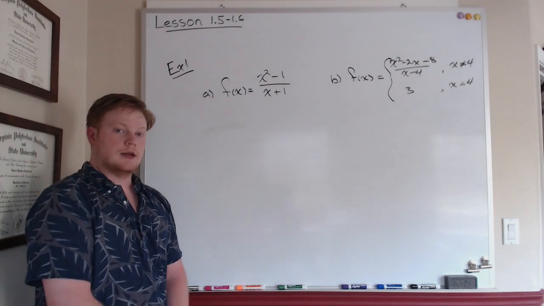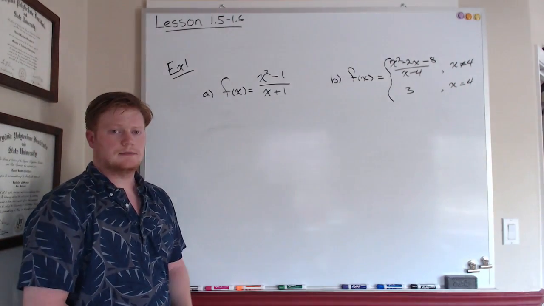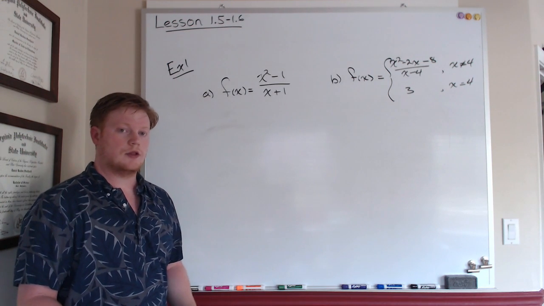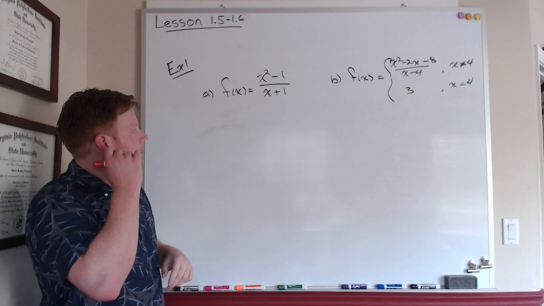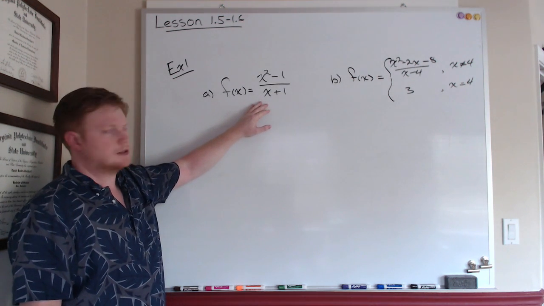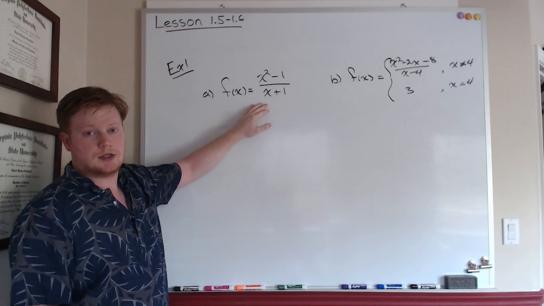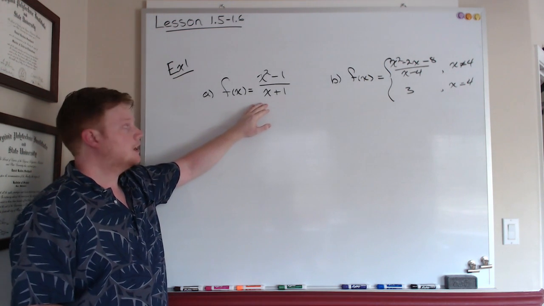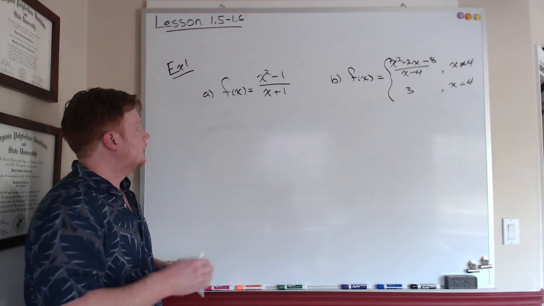So for our first example, we're asked about two functions, whether or not they're continuous. And if they're not continuous, where are their points of discontinuity? So problem A is a rational function, and from Algebra 2 and pre-calculus, you probably already know that typically rational functions have asymptotes, and if they don't have asymptotes, then they have holes where something's canceled out. Okay?